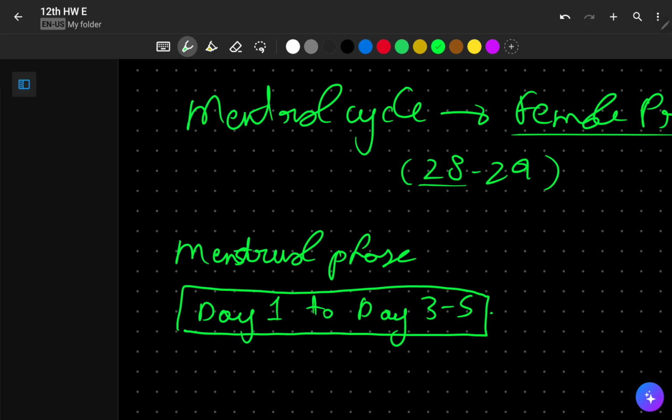This is where the endometrium degenerates, and all the blood vessels and everything basically break down. They degenerate because the egg does not fertilize, and hence it has to repeat the cycle once again. So that is why it degenerates and the blood comes out. This is also the phase where the LH, FSH, estrogen, progesterone are all very low.